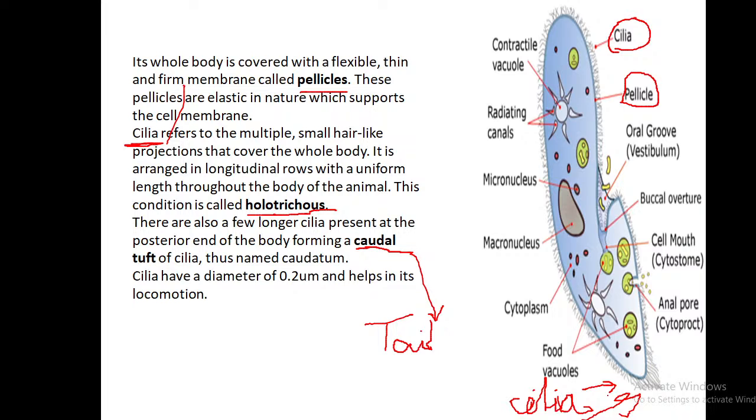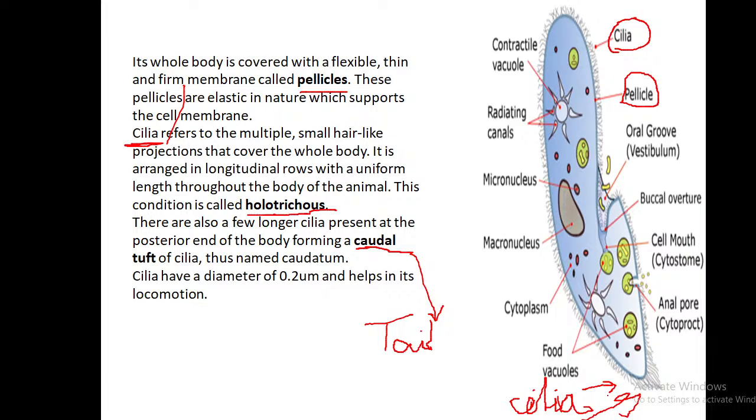First point, pellicle. It is elastic. It supports the cell membrane. Second point, the body of paramecium is covered with cilia. So cilia are multiple hair-like structures which cover the body of paramecium. What do cilia help with? They help in locomotion.